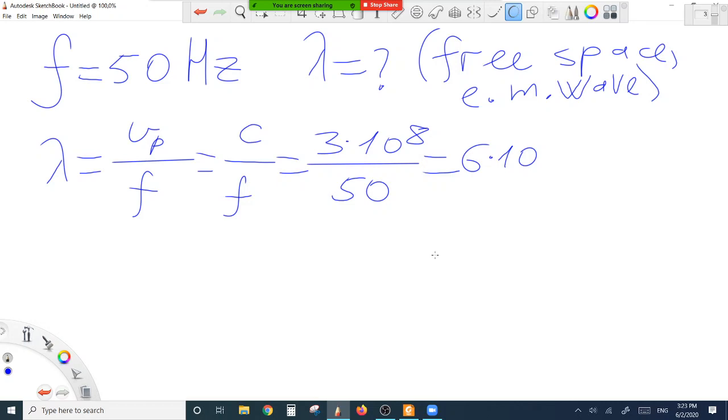No, 10 to the 6 meters, or 6,000 kilometers. Well, if you have an electromagnetic wave of 50 hertz, its wavelength is 6,000 kilometers.